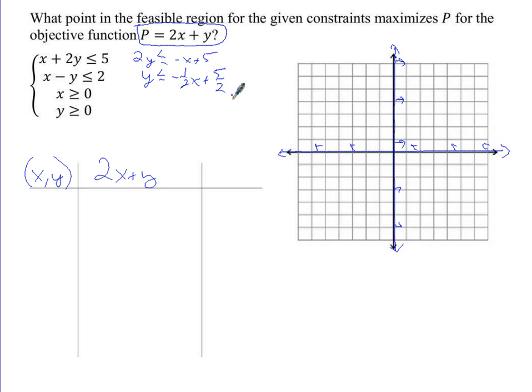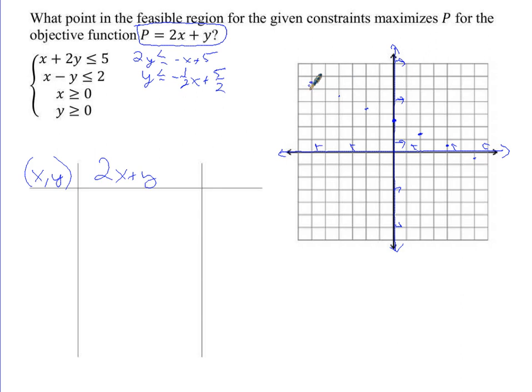So I'll just go up to 2.5, which I'm going to say is right there. And then I have a slope of negative 1/2. So I'd go down 1, right 2. Down 1, right 2, down 1, right 2. Reverse it, up 1, left 2, up 1, left 2, up 1, left 2.